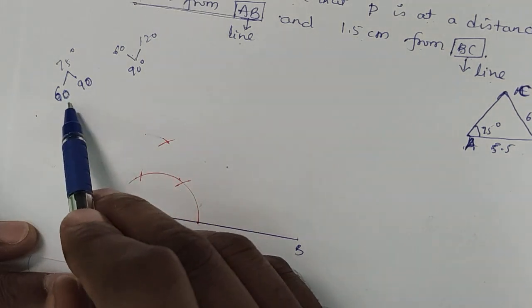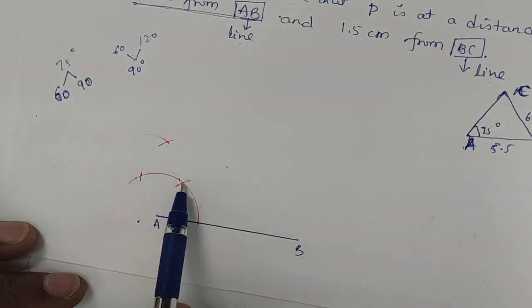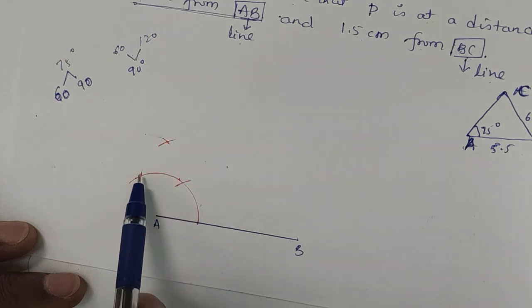Remember. Then from 60 and 90, if you cut two arcs, that is considered 75. So from which two angles are you cutting the arcs? 60 and 120.